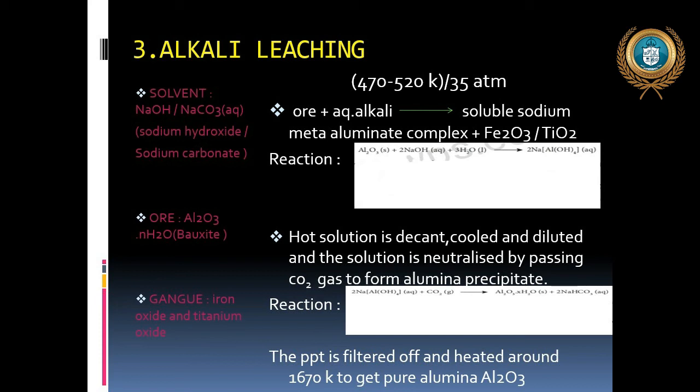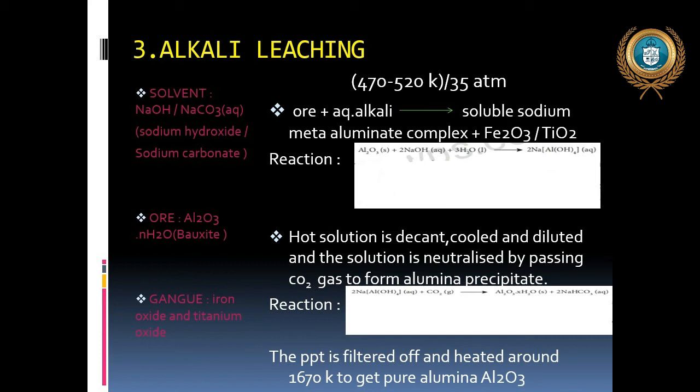For example, we have taken the bauxite ore along with the base sodium hydroxide. See the equation, we have taken bauxite ore along with sodium hydroxide in aqueous solution, and it is heated with the solution of sodium hydroxide or sodium carbonate.